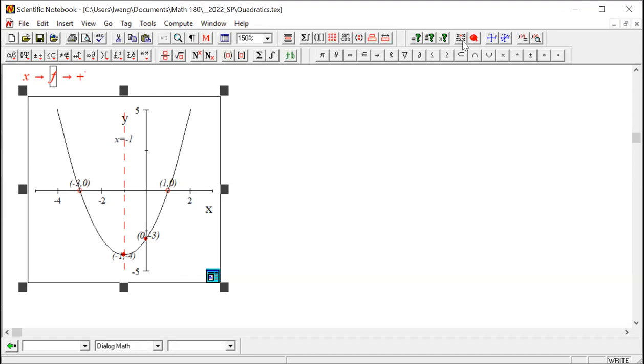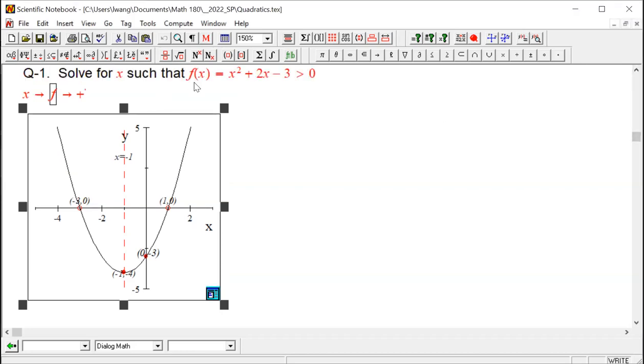And how about this piece? Now we can look at this picture. This piece is positive, and that piece is positive. The nature of our question is to identify all the inputs. That's what solving for x is for. Identify all the inputs such that the outputs are positive.